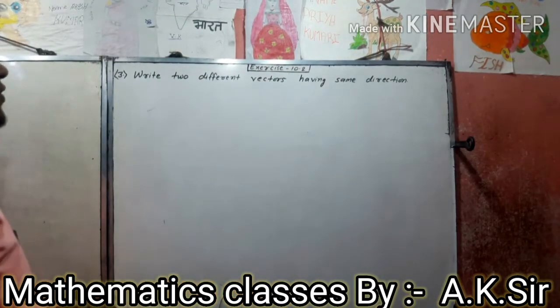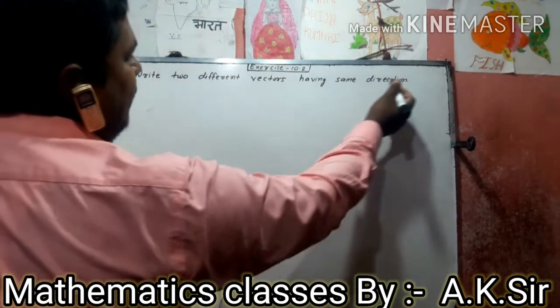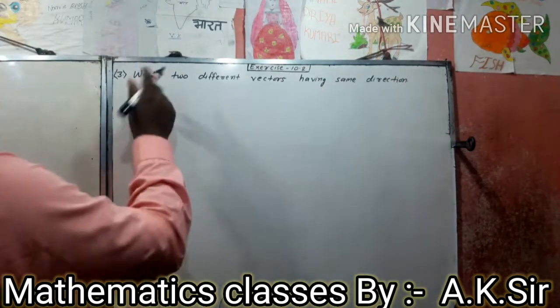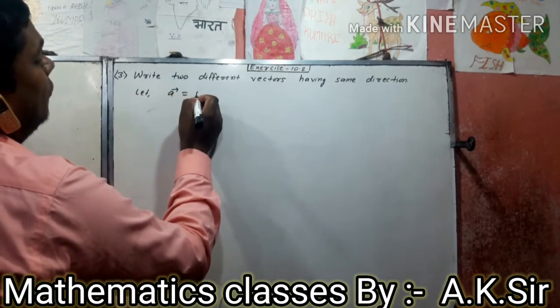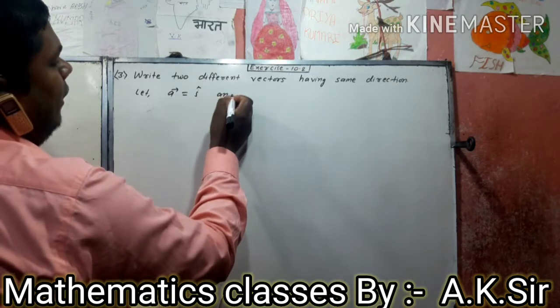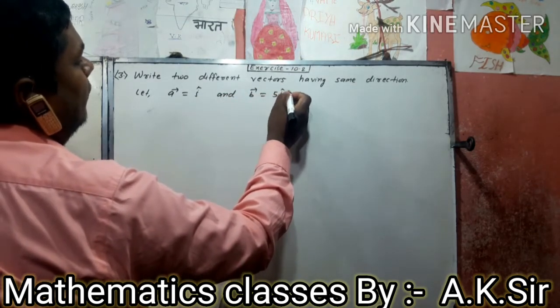Next question, number 3. Write two different vectors having the same direction. Let A vector be equal to i cap and B vector be equal to 5i cap.